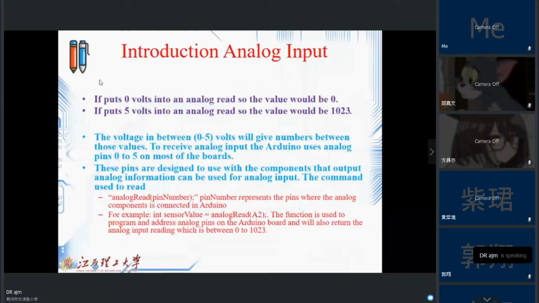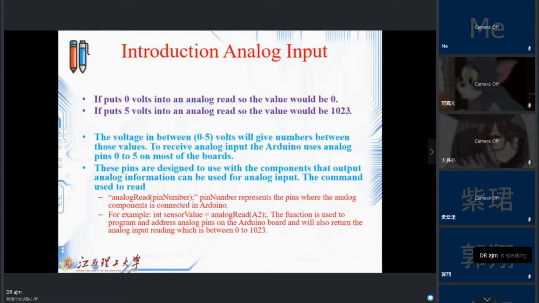If we put 0 volts into analog read, the value will be 0, and if we put 5 volts into the analog read, our value will become 1023 or 1024. This one-number difference has a reason that we will talk about later.